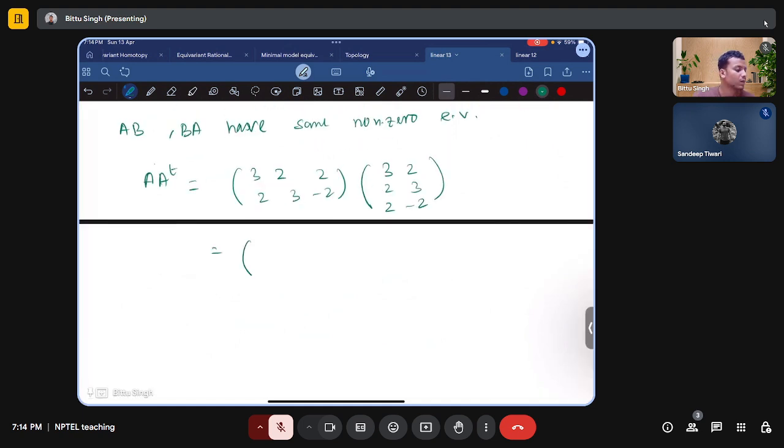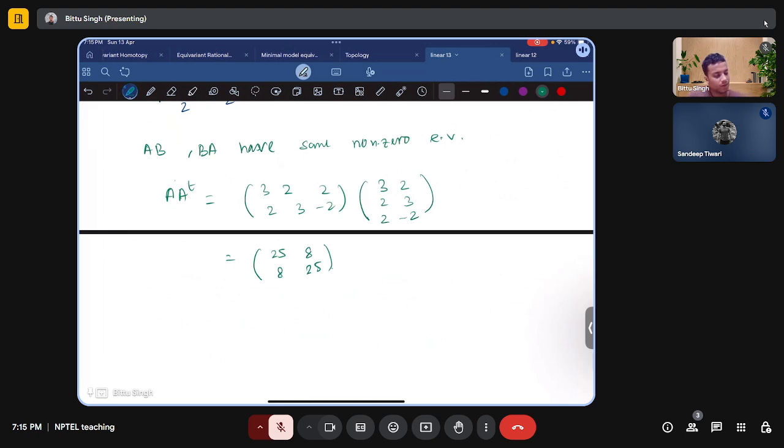From here it is clear that the entries are 9 and 25, then 3 times 2 is 6, 6 plus 6 is 12, minus 4 is 8. It will be symmetric. So up to this everything is okay. Now can you say what are the eigenvalues of A A transpose?